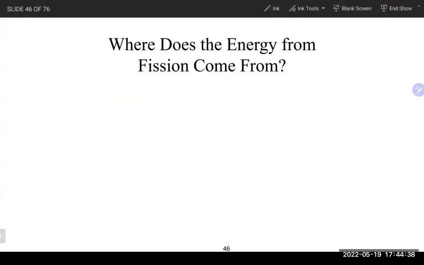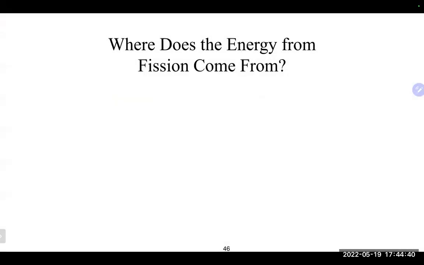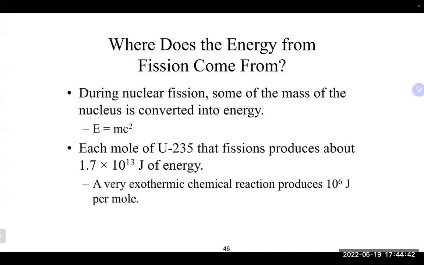All right. So where does the energy from fission come from? Remember, fission is the breaking down of a nucleus or an unstable nuclei into new nucleuses. It usually will occur a lot of times when it becomes unstable. It will split off into really two new nucleuses.